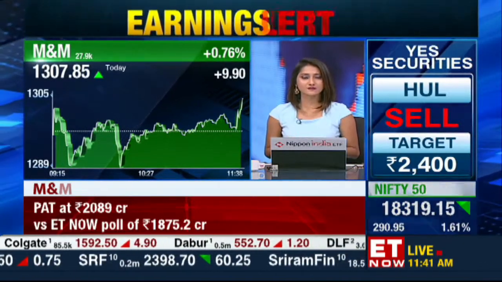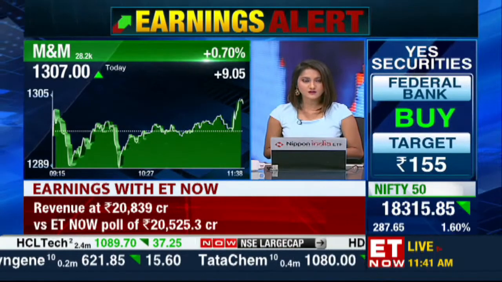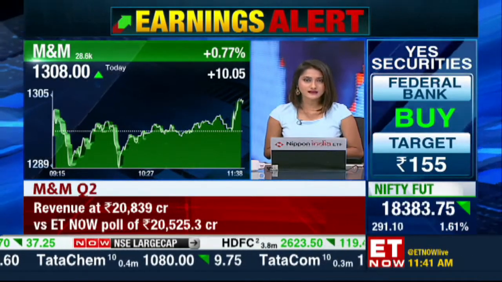So an inline set of numbers when it comes to revenue, and marginally higher for the PAT when you compare it to the ET Now poll. So that is how the numbers of Mahindra & Mahindra are looking for you. 0.7% coming in for this one. I believe we will try and connect with Shrishti from the research team to know more about the numbers. But for now, let's talk about the new listing for the day.